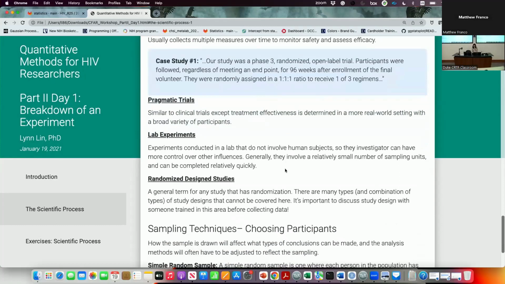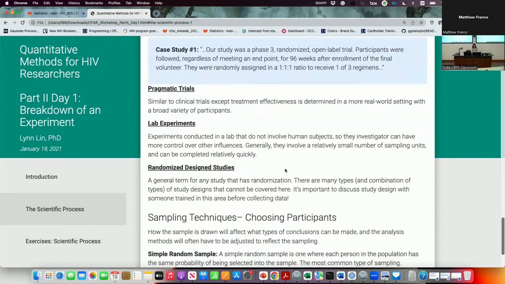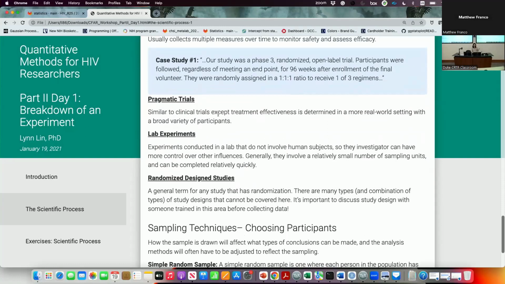So there's another trial called the pragmatic trial. Has everyone heard of this pragmatic trial? No. This is also my first time trying to understand what a pragmatic trial is. According to my understanding, the pragmatic trial is similar to the clinical trial. But remember, the clinical trial has a very stringent inclusion of participants.